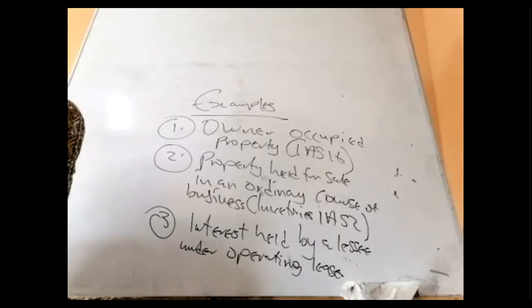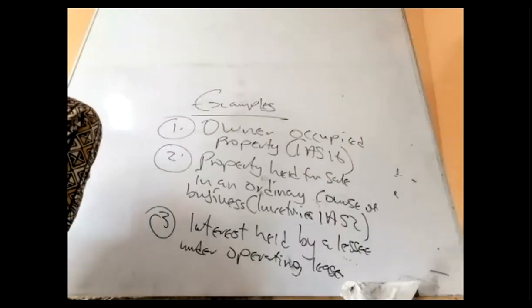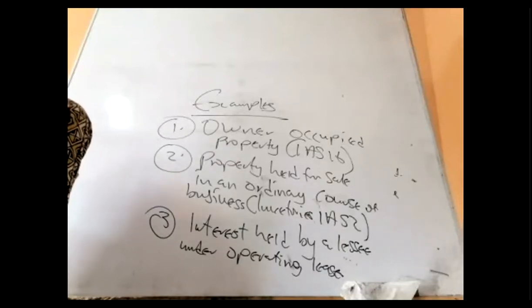Then another example, property being constructed for third parties. We are constructing buildings or roads or irrigation systems for a third party. It's not your own.